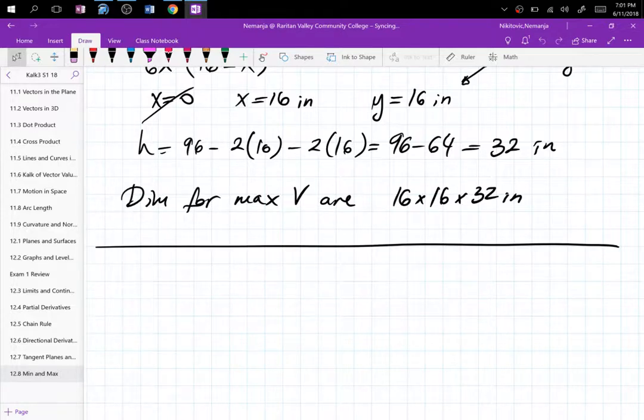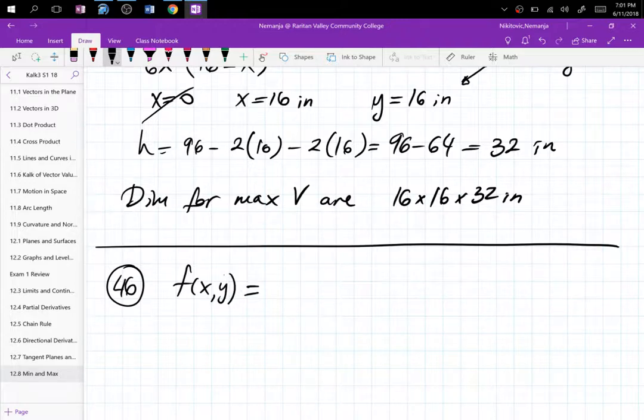So let's take a look at problem 46, because we can. All right, so cookie dough has the equation 6 minus x squared minus 4y squared. Now, this is actually an elliptical umbrella because the x squared and the y squared have different numbers, so it's elliptical.